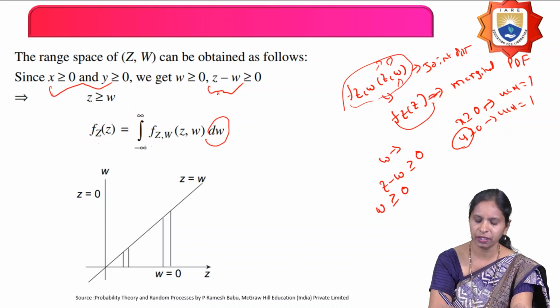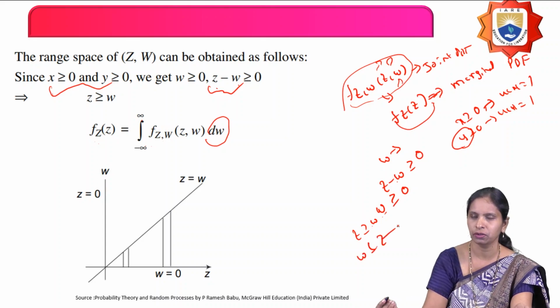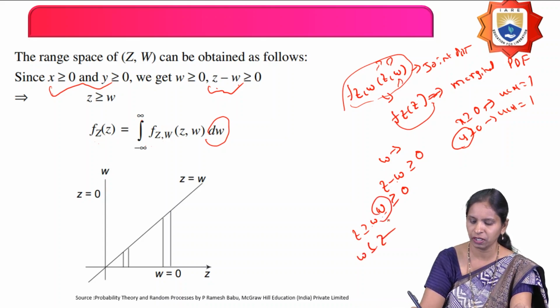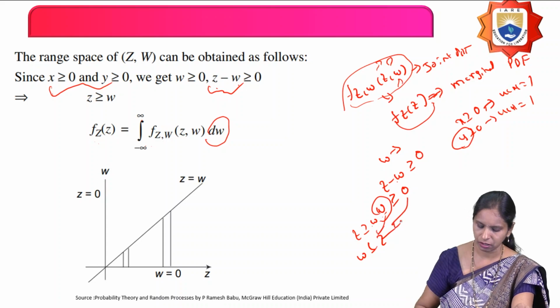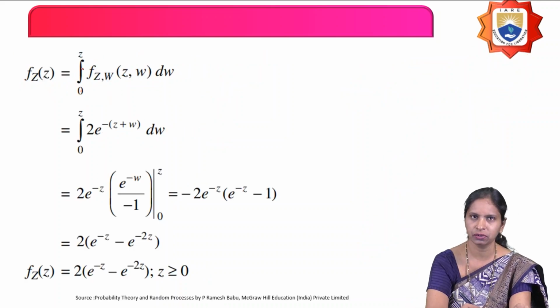From this, z is greater than or equal to w. So w should be greater than or equal to 0 and less than or equal to z. Therefore, the limit of w is from 0 to z.